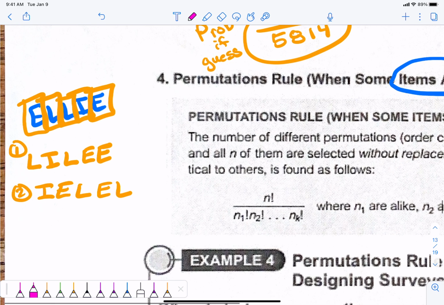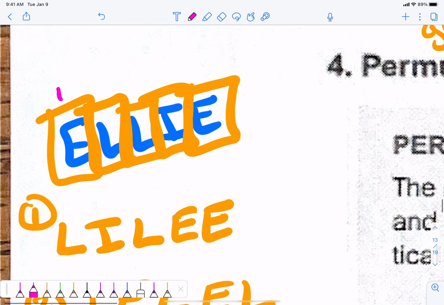So here's the deal. The fact that Ellie has repeating letters, 2 letters that repeat in her name, even though her name is very short, only 5 letters long, complicates things in the number of combinations that I could do. I can successfully spell the name Ellie if I pull this one out first, this one second, this one third, this one fourth, this one fifth. If I pull them out exactly in that order, it will spell Ellie's name correctly.